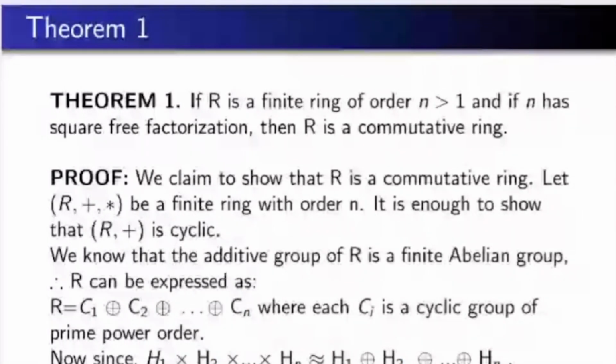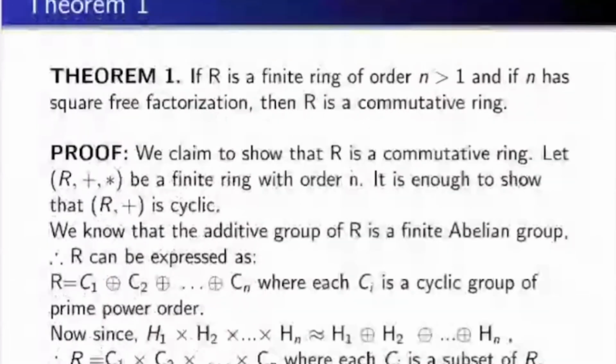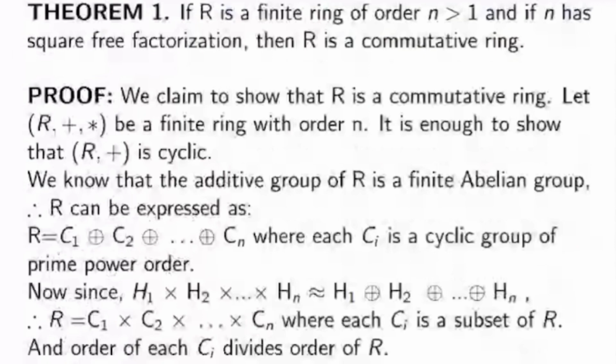If n is any integer that is square free, that is, n can be expressed as a product of primes where each prime p has power k i, where k i is equal to 1, then in that case the ring R is going to be commutative. To show that R is commutative, the first preliminary I mentioned is that we can show that R with the addition operation is cyclic.